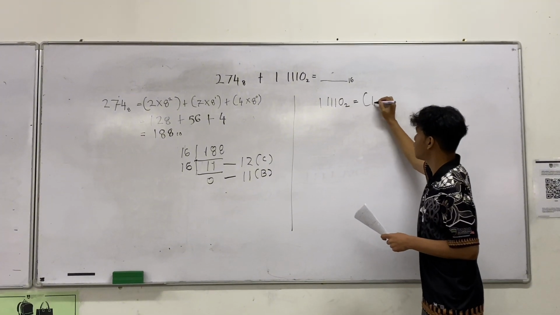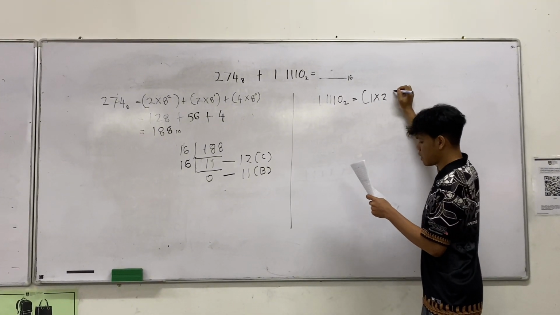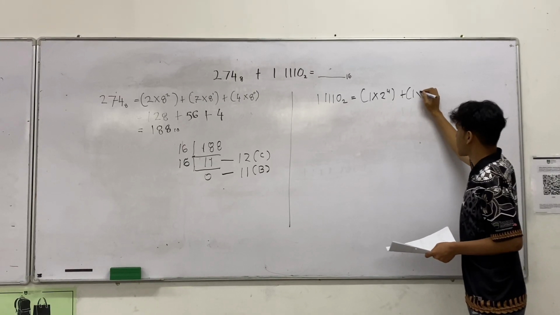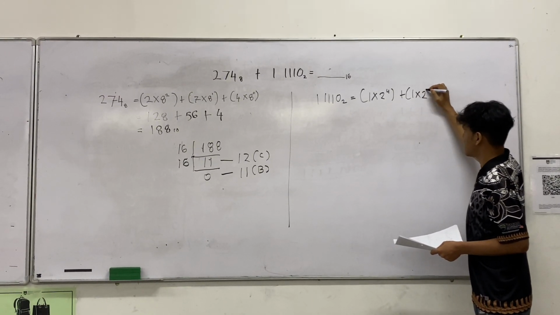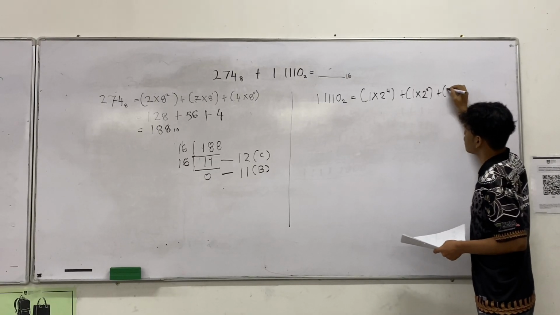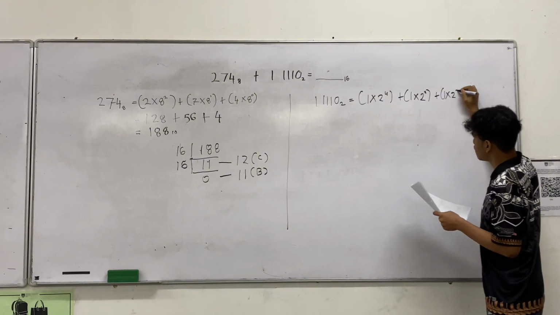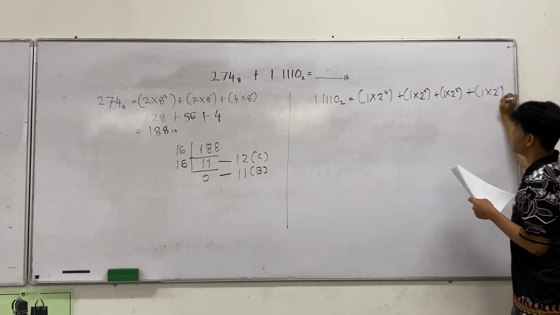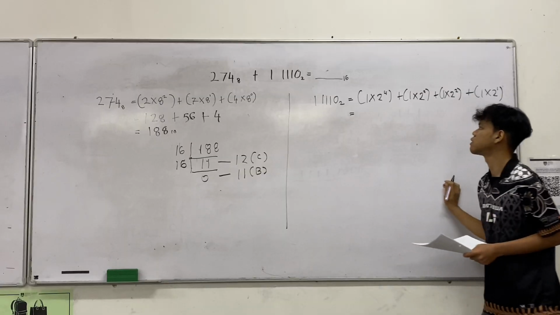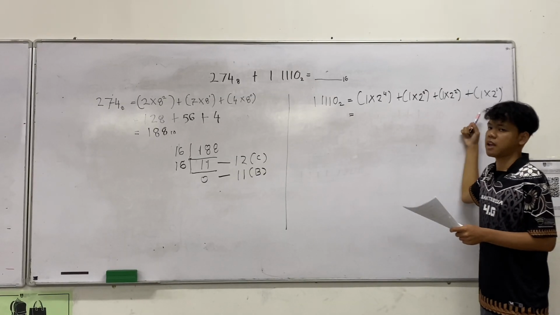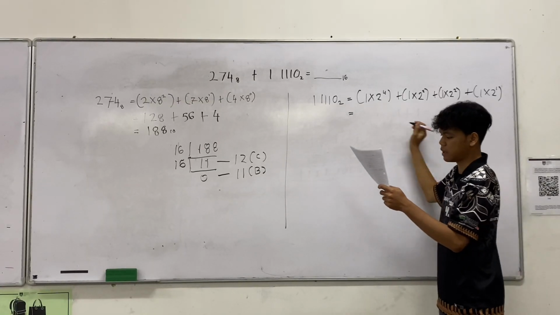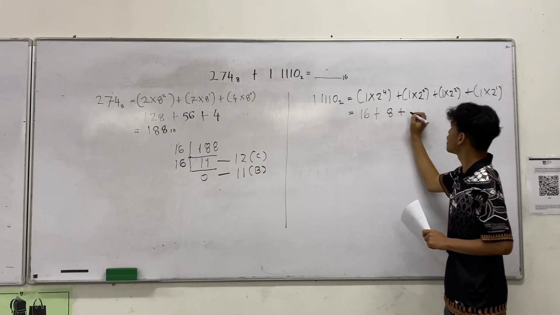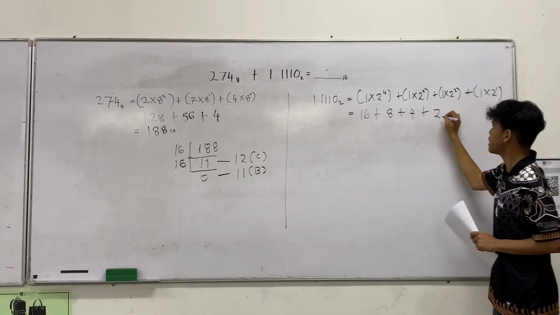So 1 multiplied by 2 to the power of 4, plus 1 multiplied by 2 to the power of 3, plus 1 multiplied by 2 to the power of 2, and 1 multiplied by 2 to the power of 1. For all of these terms in the bracket, we will get 16 plus 8 plus 4 plus 2.